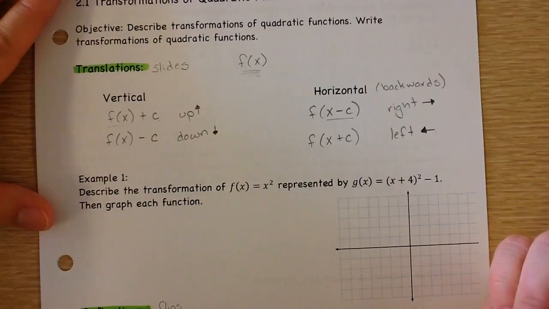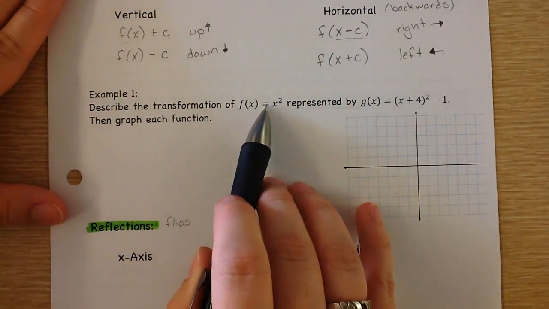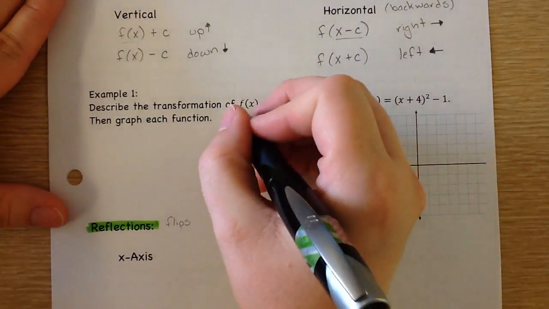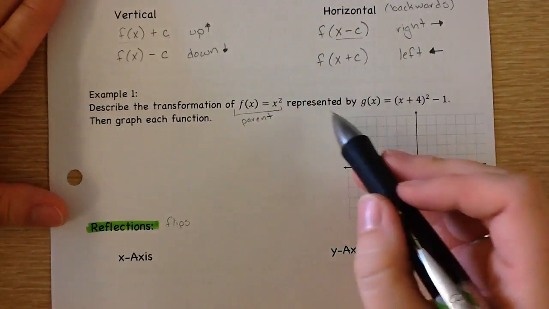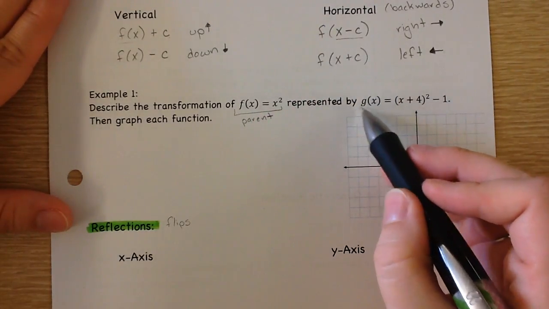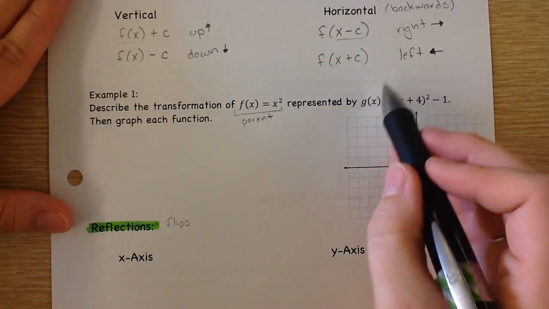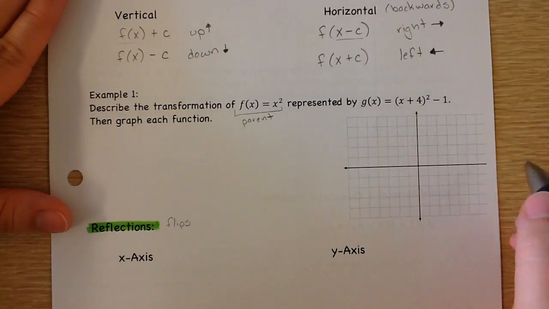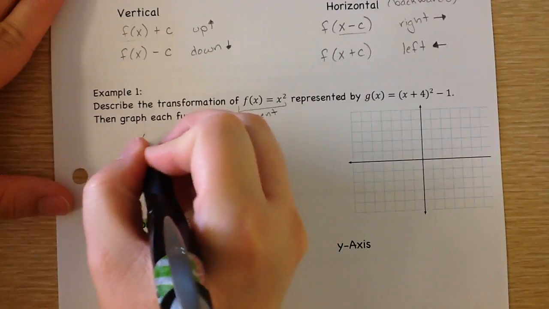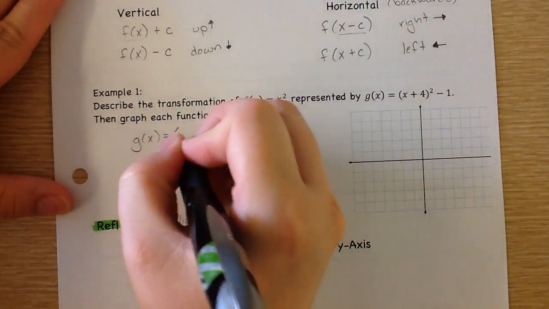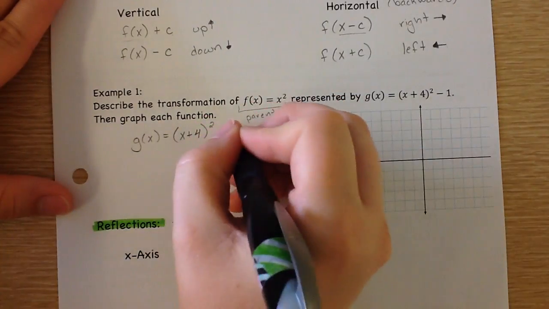Let's describe the transformation of f of x equals x squared. This is my quadratic parent function, and here's my new function, g of x. We want to figure out what we do to this parent to get to this child. First, let's break it down into pieces. There's 2 different things going on. This is our new function, g of x equals x plus 4 squared minus 1.